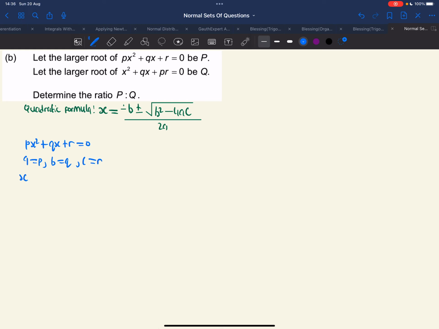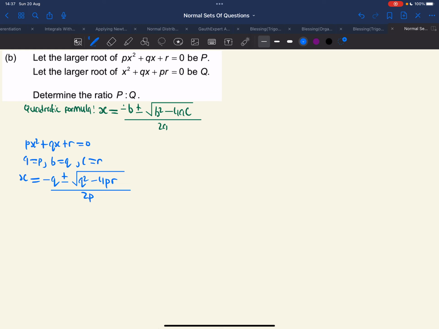So we're going to solve for x. Therefore x equals minus q plus minus square root of q squared minus 4pr, all over 2p.